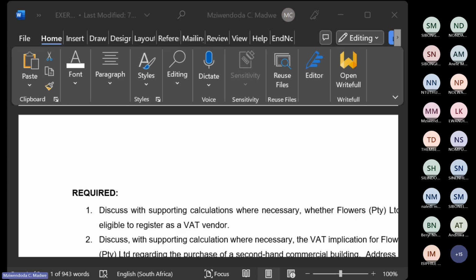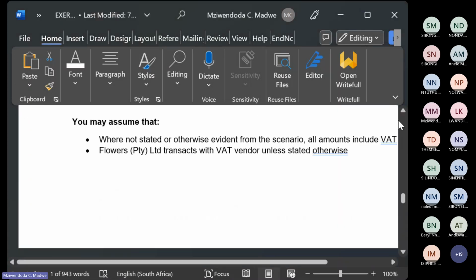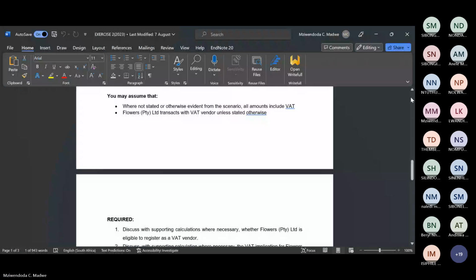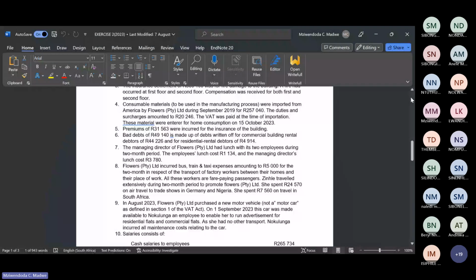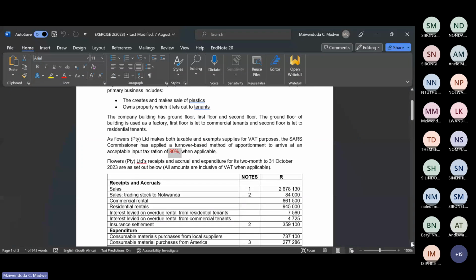Okay, going forward, I'm not going to spend too much time on registration, because on the first exercise you have a memo with you. You can have a look at those requirements. But if you look at this exercise, example 1, you will find that you have sales, and the sales have a note 1.